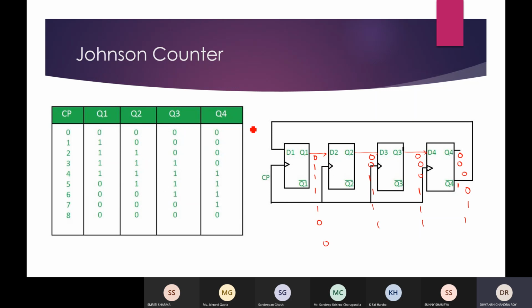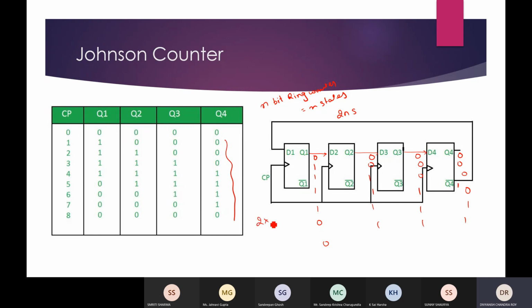So if you compare it with the ring counter, an n-bit ring counter has n states, while for this Johnson counter we are getting 2n states for n flip-flops. If you count the number of states here, there are a total of 8 states, and for the 8 states we are using 4 flip-flops.